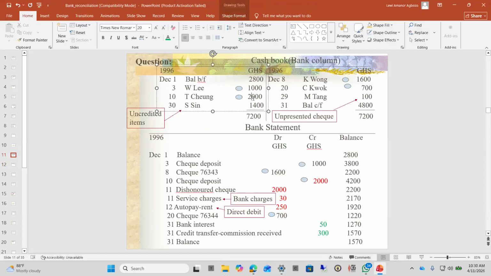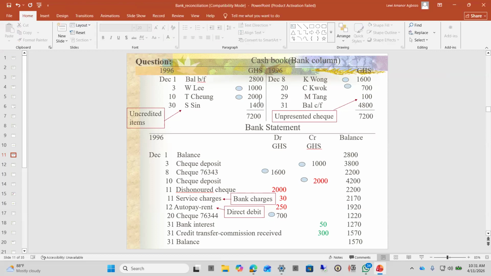Now, the check was dishonored. They didn't pay the check. So we come and credit it back and remove it from the total. That is why, when you use the closing balance, this balance is already in it.